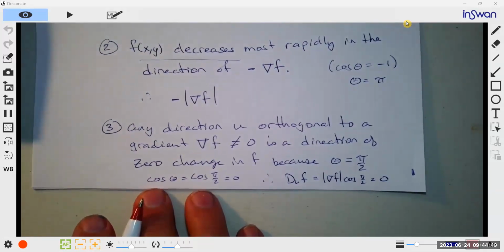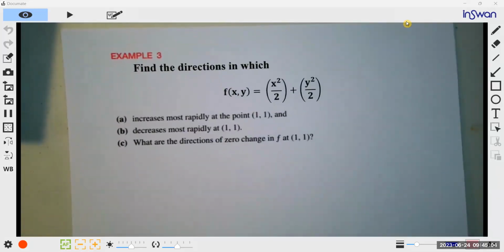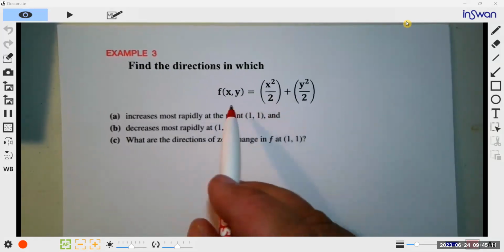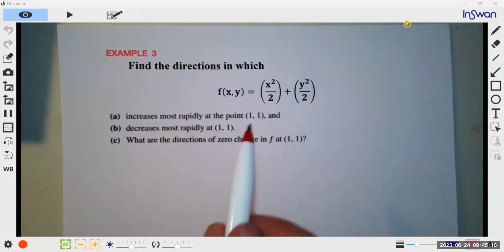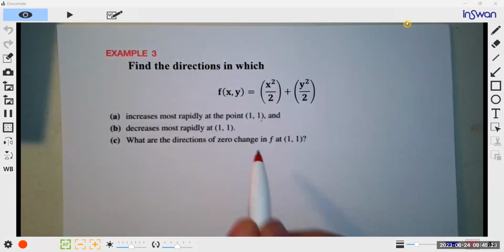All right, let's take an example here. Find the direction in which f of x, y equals x squared over 2 plus y squared over 2 increases most rapidly at the point 1, 1, decreases most rapidly at 1, 1, and what are the directions of zero change?